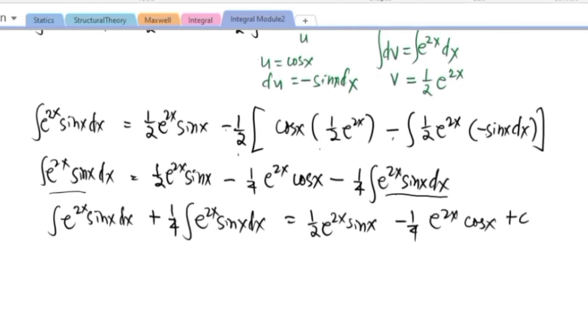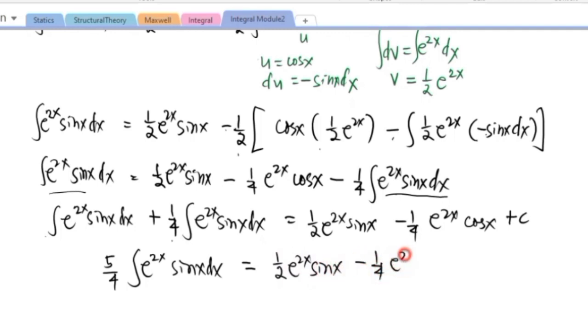So kung pagsasamahin natin itong 1 plus 1/4, that would give us 5/4 integral of e to the 2x sine x dx. This is equal to 1/2 e to the 2x sine x minus 1/4 e to the 2x cosine x plus c.